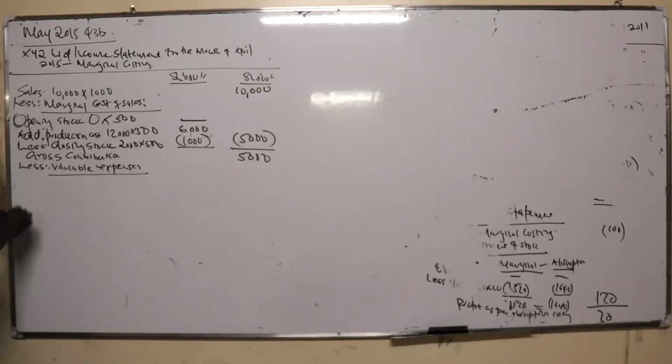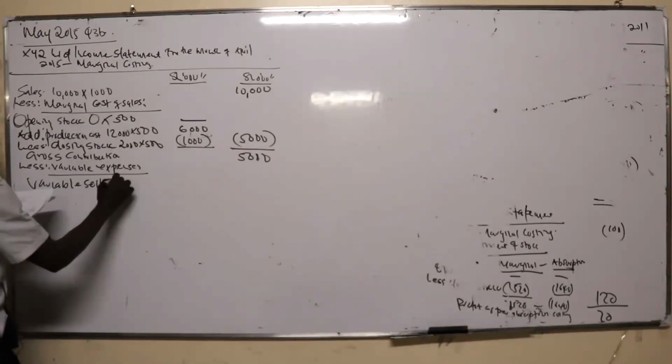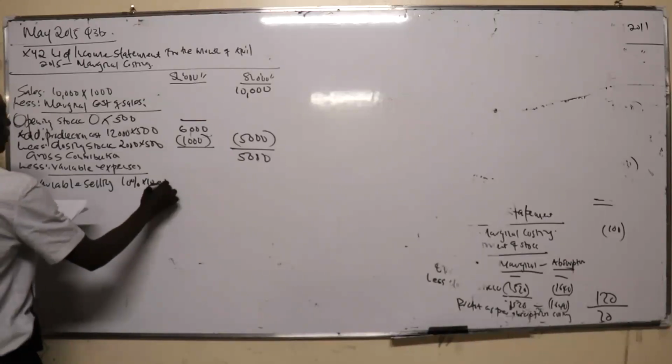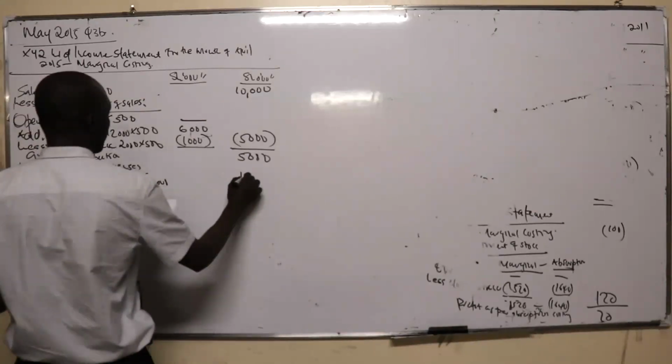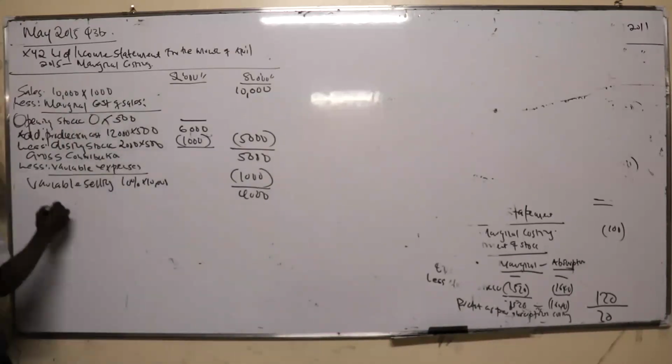So we have variable selling costs, which are 10% of sales. 10% of 10,000 is 1,000. So the net contribution is 4,000.